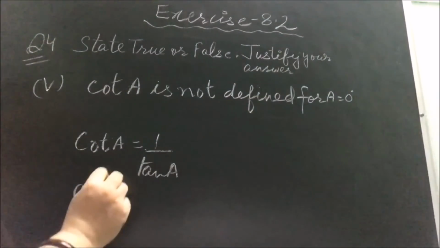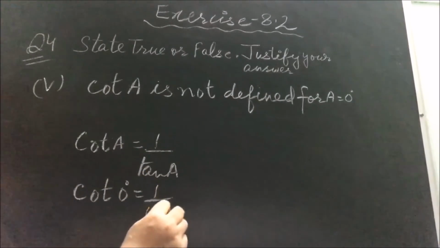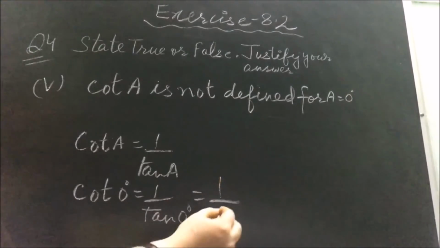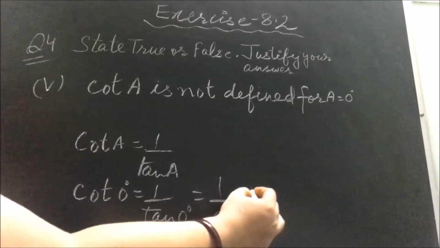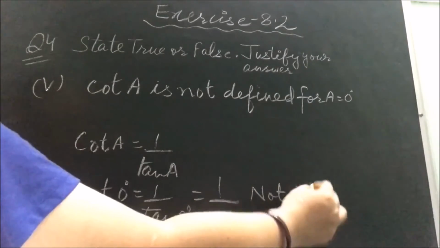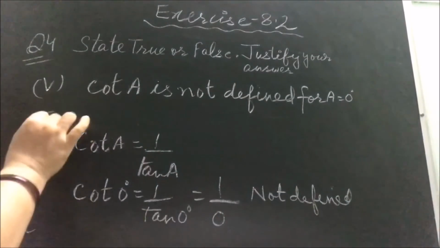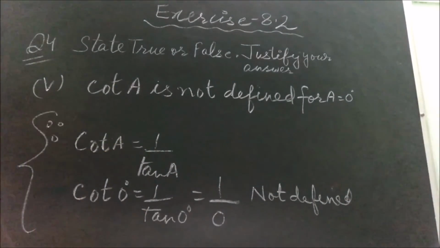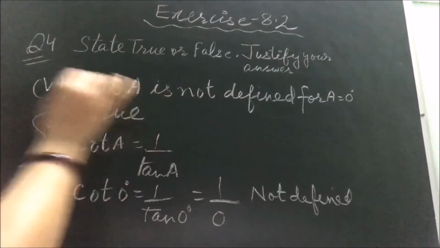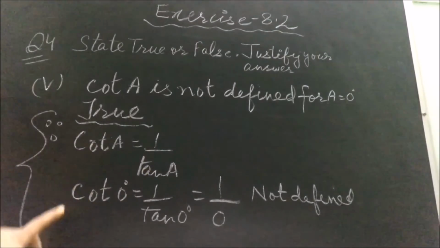So if we put A equal to 0 degree here, then it will be tan 0 degree, and we know tan 0 is 0, right? So it is not defined. As it is infinity, it is not defined, right? So you have to give the reason. So the statement is true. Why? Because it is not defined when A is 0. You have to give the reason.